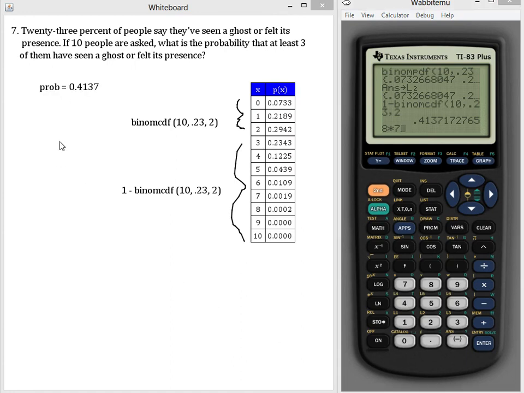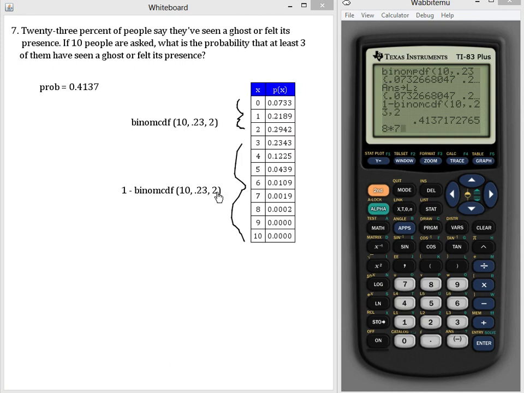Now, when you're working this problem out on your tests, you don't have to go through and write up this entire distribution. I just want you to understand it's a little tricky when you're doing it, at least to understand that you need to do the complement starting with the 2 here instead of the 3.